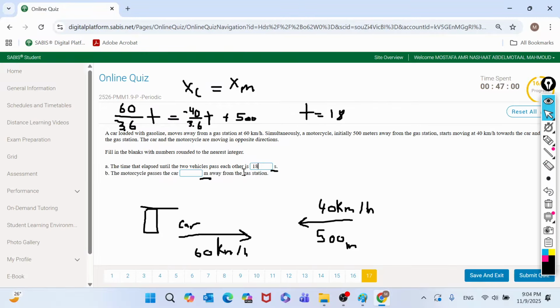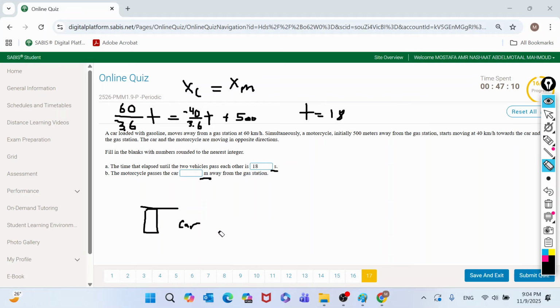t is 18. The motorcycle passed the car how many meters away from the gas station? For this, let's just erase all of this. We just plug t into either of the equations. They're both equal to each other. So just plug t into the motorcycle one if you want, or the car, it doesn't matter.